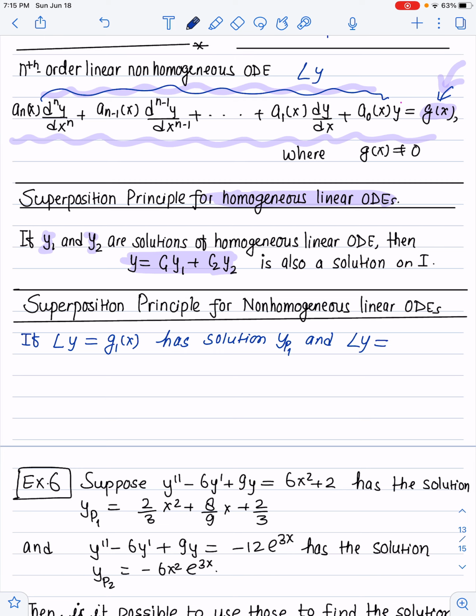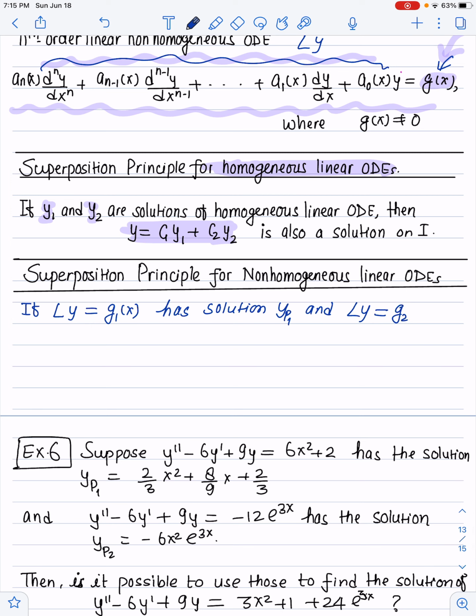The left side is the same, the differential equation is the same, but the function on the right side is different. Let's say z2(x) has the particular solution yp2.